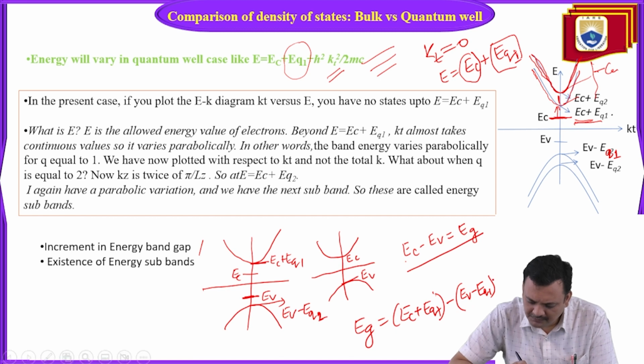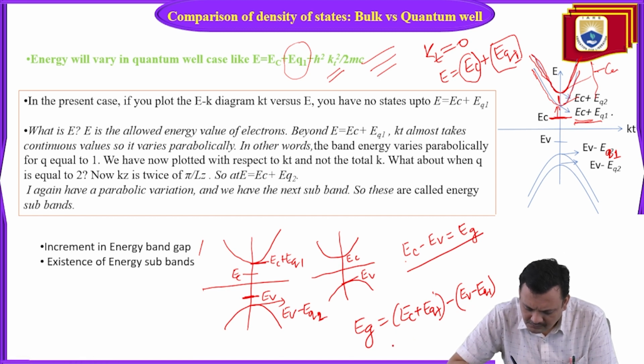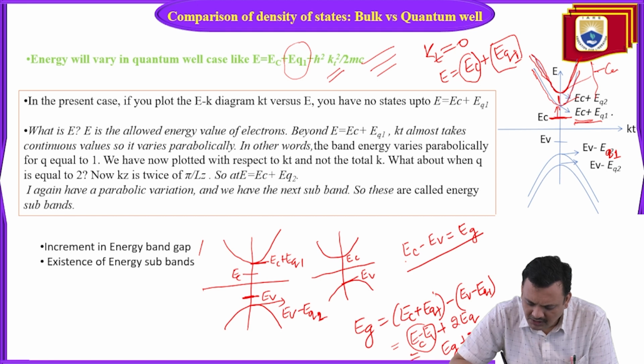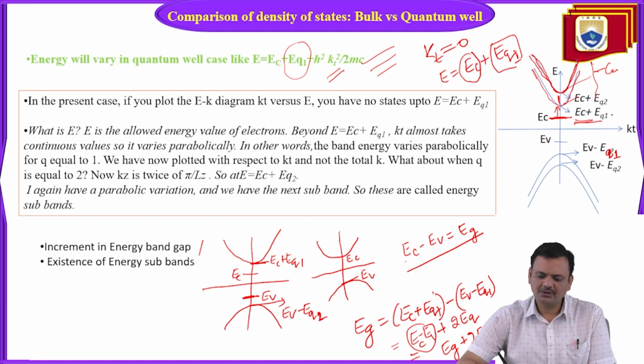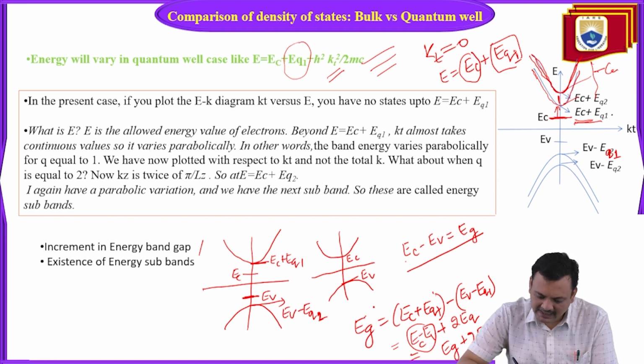Now what will you get? Ec minus Ev plus 2Eq1. So Ec minus Ev is what? Eg plus 2Eq1. Means what are you getting? The energy band gap for the quantum well structure.